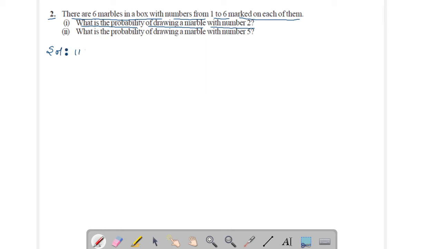First part: the total number of outcomes is 6 because there are 6 numbers.